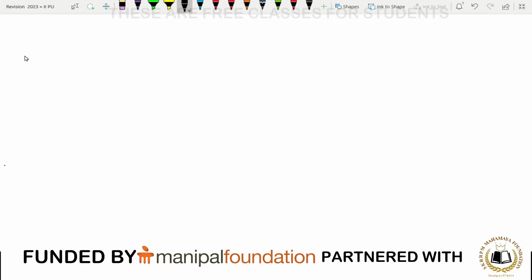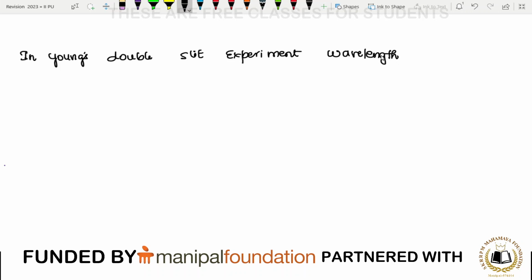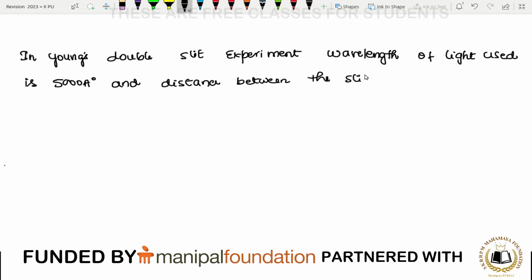In Young's double slit experiment, the wavelength of light used is 5000 angstrom and the distance between the slits is 2 millimeter.